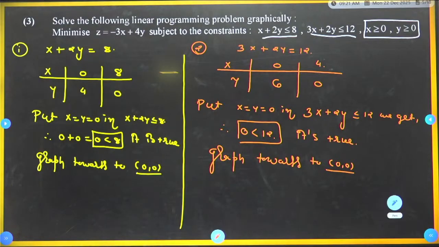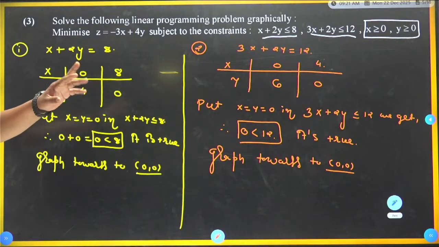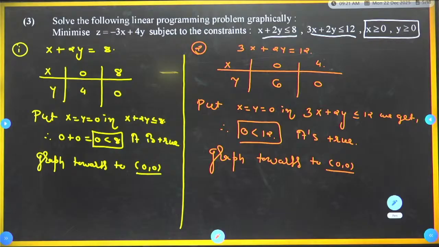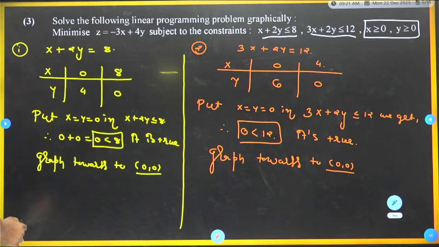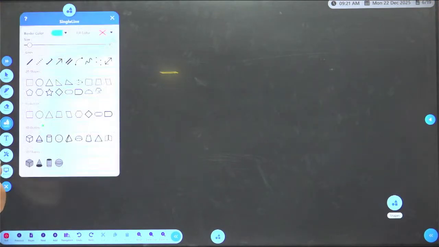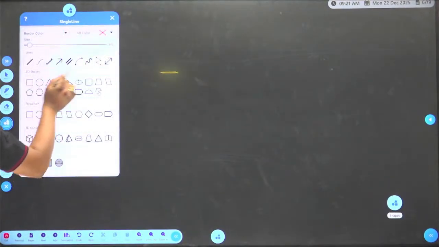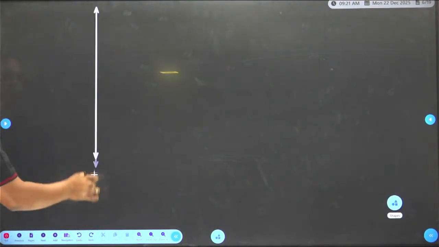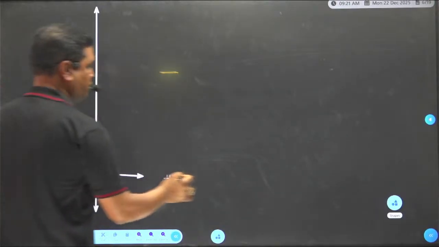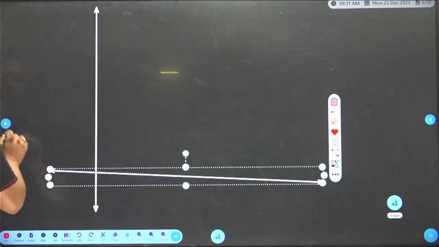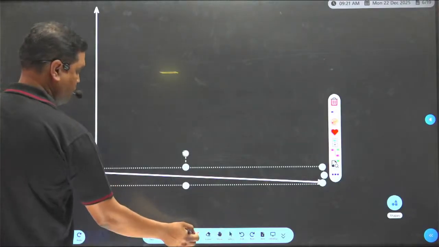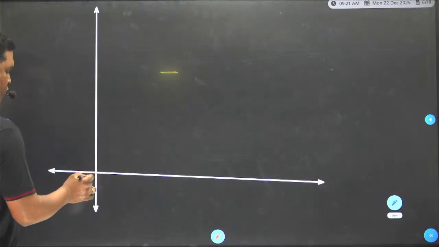Now make the graph. For that, the distance is either 1, or 2, 4, 8, 4, 6. First one: that is the origin 0, 0.